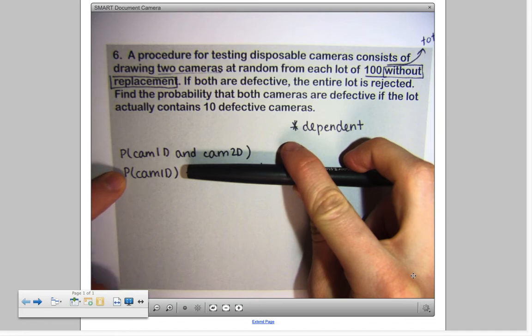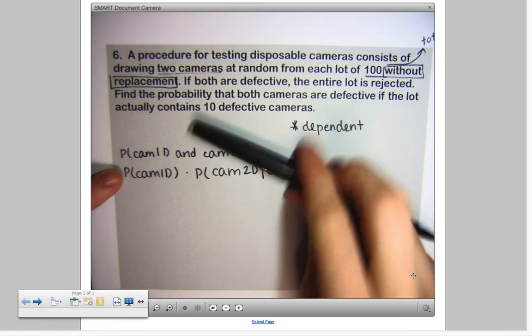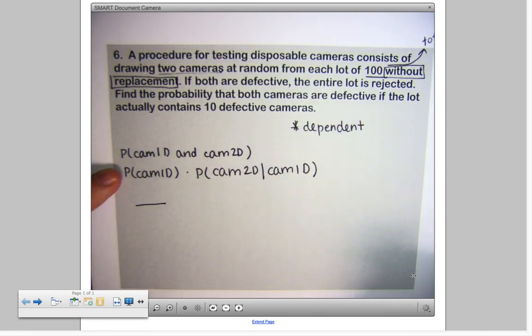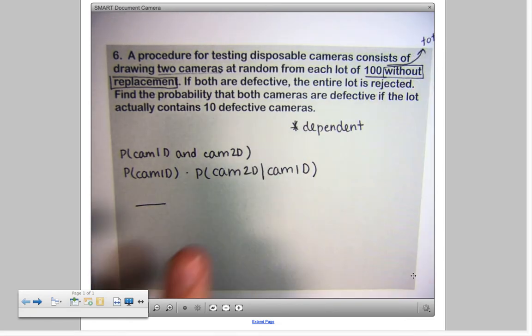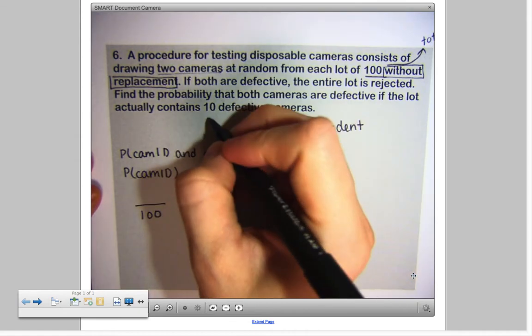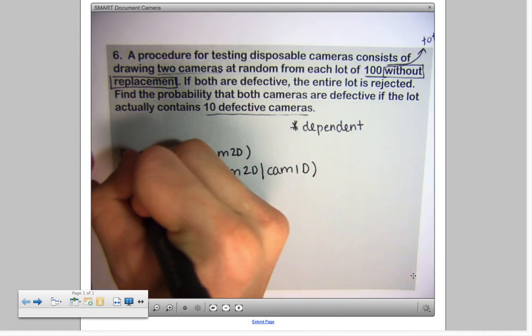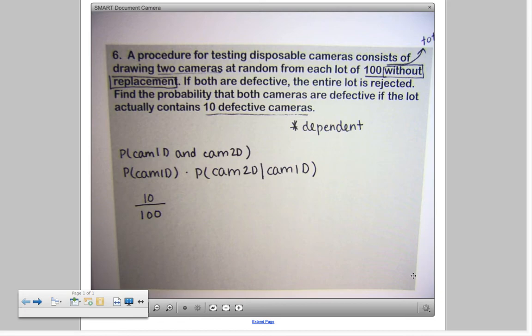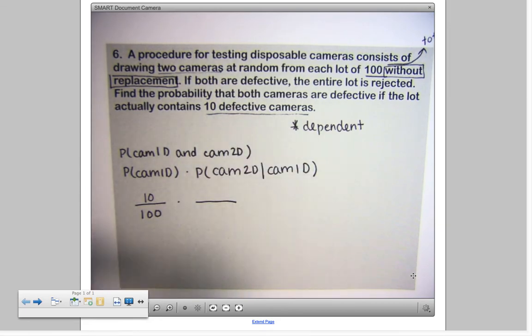Let's ignore this second part right here. So we want the probability that camera 1 is defective. We know there are 100 cameras total, and only 10 of them are defective. So if I want one of them to be defective, I have 10 that I can get out of the 100. Remember, since it's dependent or without replacement, my denominator is going to go down.